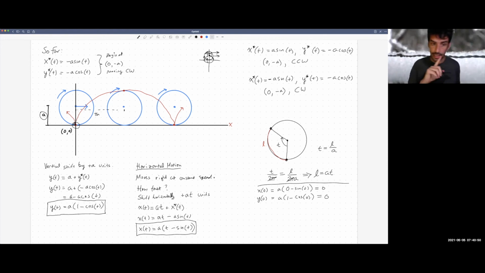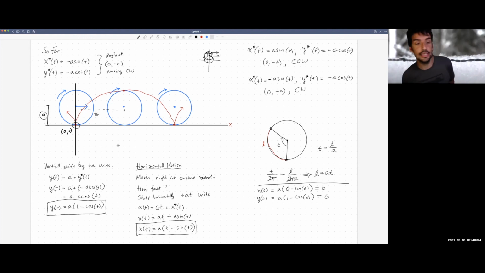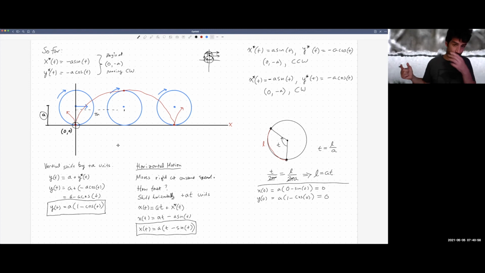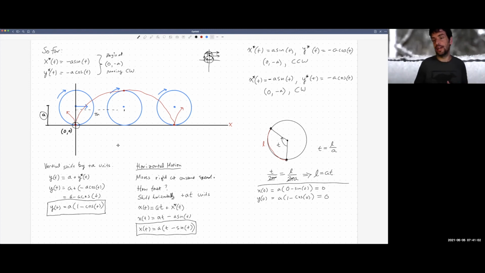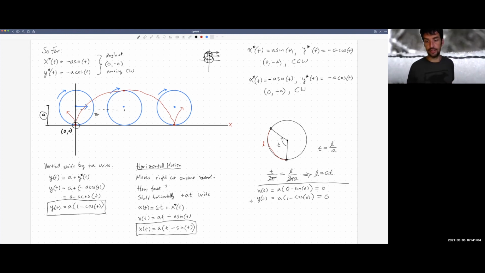Okay. Let's take a look at t equals pi. This should be half a rotation. The way we've set this up, each unit of time is a unit of radian angle measure.